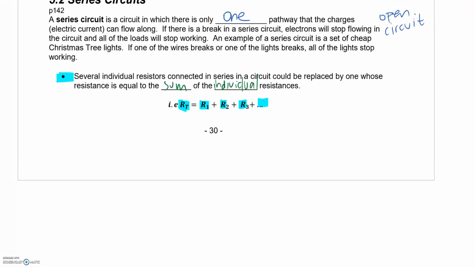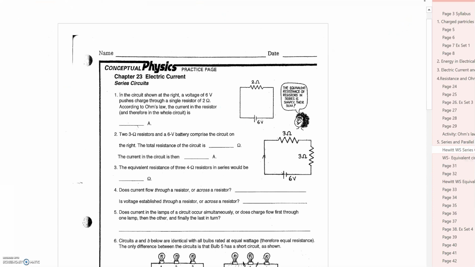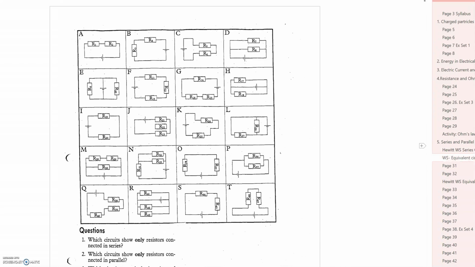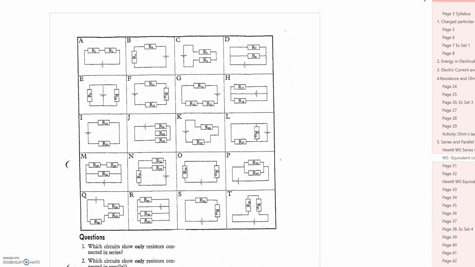And if we go to the next worksheet there, we've done this one in class. You'll see question 2 is really what it's all about. It reinforces some of that. The next worksheet that we had, which I think was on the back of that first unit one, asks you just to recognize what's in series and what's in parallel.